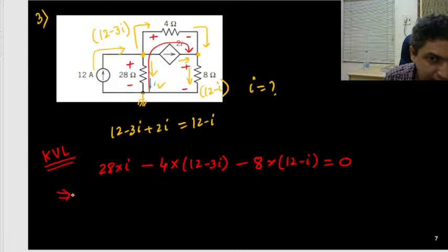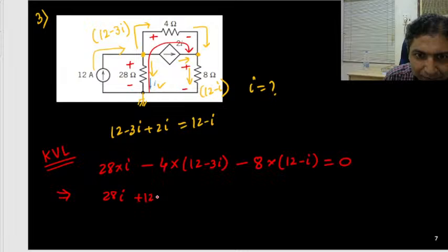Okay. So can you simplify this one? This is 28I. This is plus 12I. This is minus 8 times minus I, which is plus 8I, and that is equal to 4 times 12, which is 48, plus 8 times 12, which is 96.